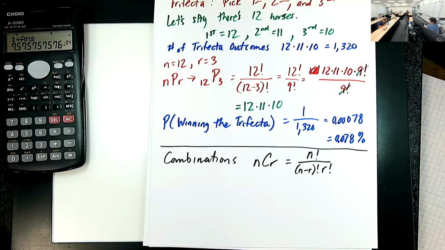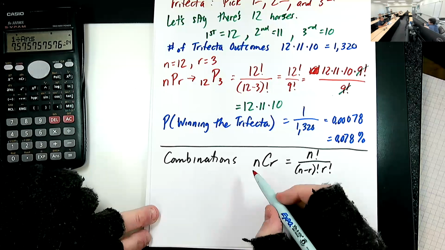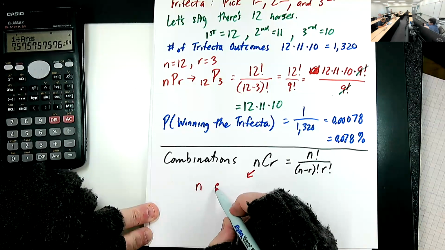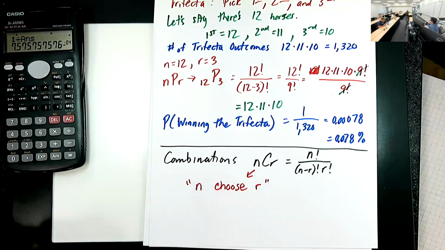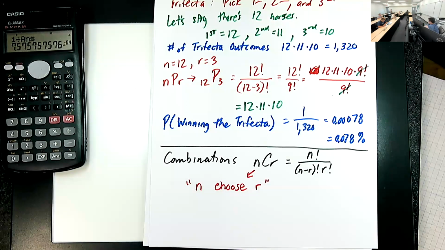This one, when they read nCr, they don't say nCr. This is read as n choose r. So if you hear that being said in a presentation, like 13 choose 4, if they're saying two numbers with choose between, they're talking about this combination thing.